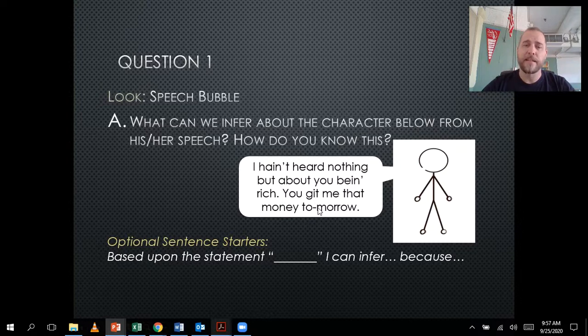Get is kind of a shortened form, and so he has a very kind of rural accent that would lead you to believe that this character has limited education, but also you get the idea that this character is a little bit rude and self-centered, demanding money from the person that he's talking to. You can also get the idea that this character is aggressive, right? And so we're learning multiple character traits just from what this character is saying.